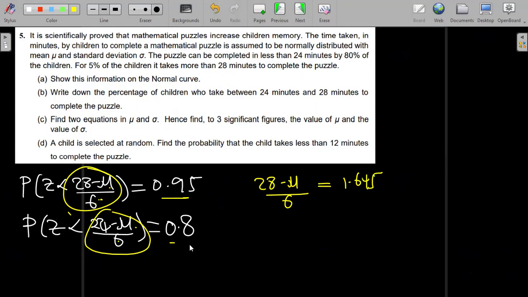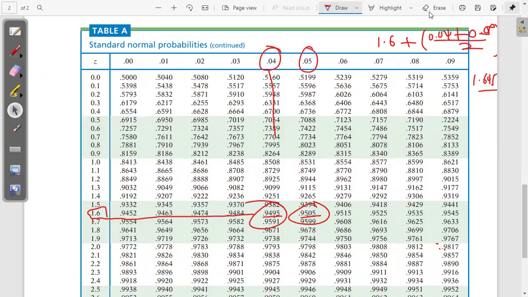Let's also find this. So if the probability is 0.8, can we find the 0.8 here in the probabilities? Let's try. If we can't find 0.8, we'll just find the number that is close to 0.8. So here we have 0.8, 0.8. So this number here is very close to 0.8. If we just add 5 units to this, we're going to get 0.8. But this one is very far, because it's above 0.8 by 23 units.